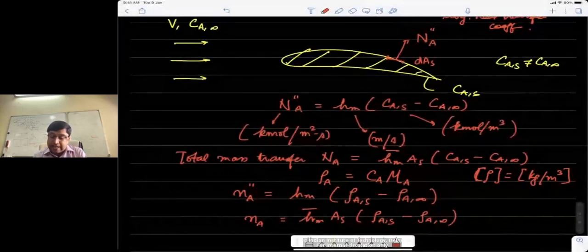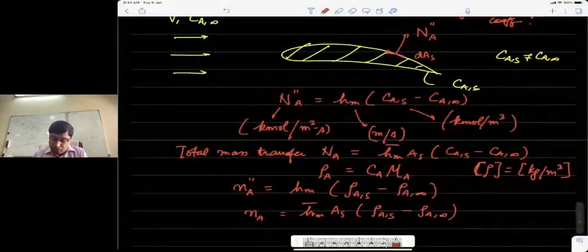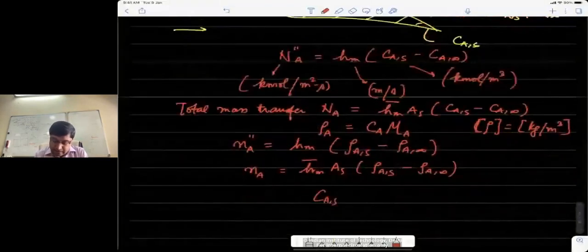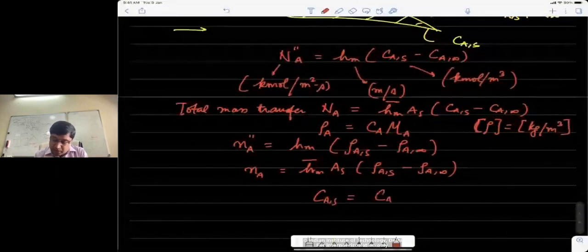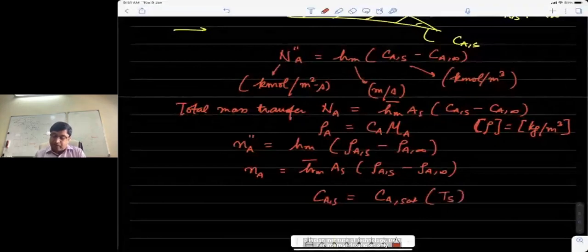So I can say that CAS corresponds to the concentration of species A in the vapor phase, or saturated vapor phase, at temperature Ts. So we can write CAS to be the concentration of species A at saturated condition at temperature Ts.